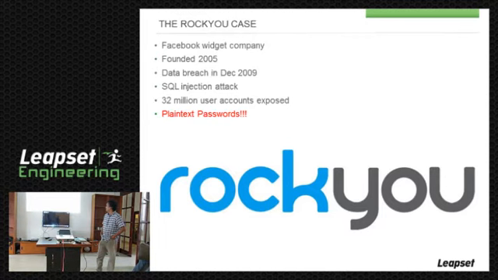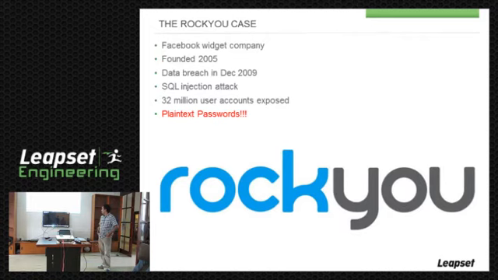So in 2009, there was a data breach. Some hackers got hold of their database through a SQL injection attack. So their entire database was stolen. It contained 32 million user accounts. All these user accounts were exposed to the outside world.